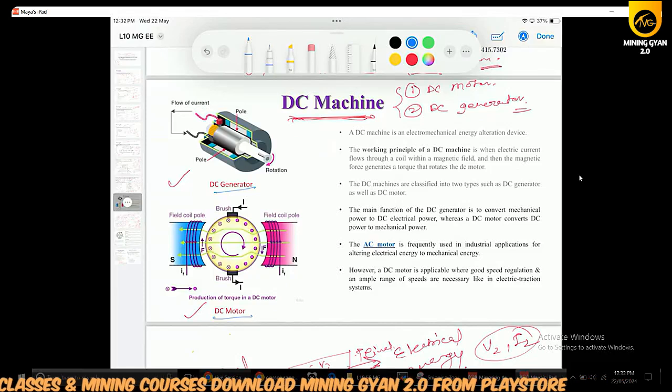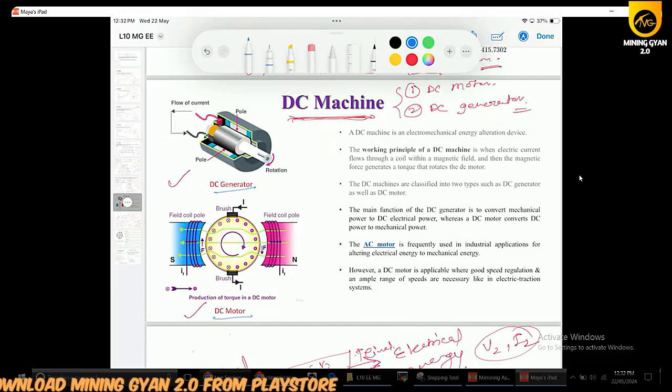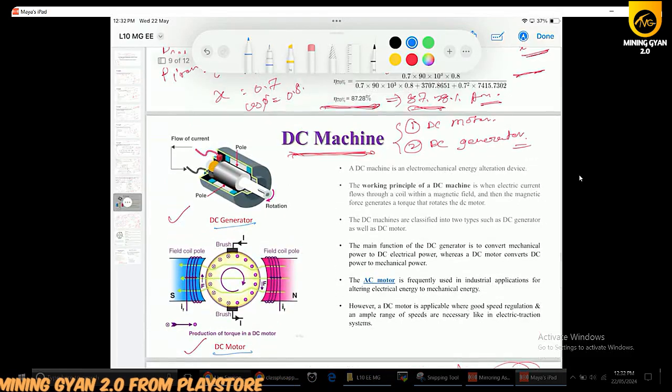I already told you that the DC generator will generate electrical energy, and it will take the mechanical form of energy at its input. So rotation will be there, which means speed omega will be there, and the torque will be there.